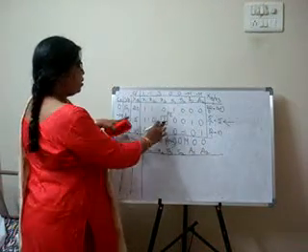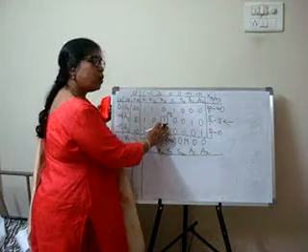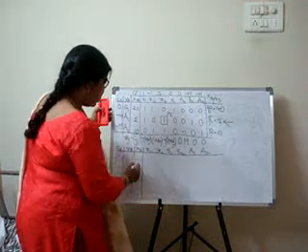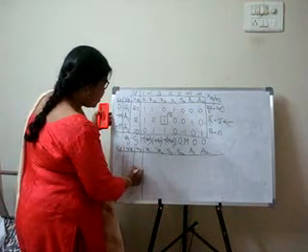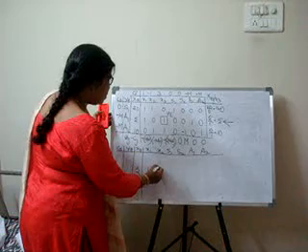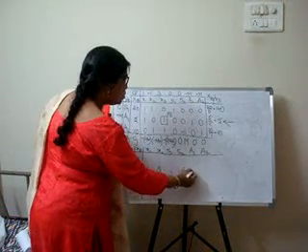Now, here in this problem, our pivotal element is already 1. So we need not change anything. We can put our second row as it is: 5, 1, 0, 1, 0, 0, 1, 0.